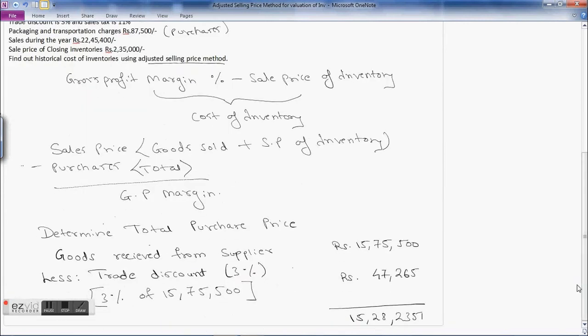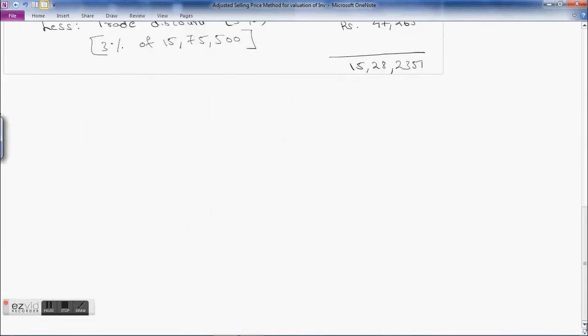Now sales tax. Sales tax is 11%, so we need to add sales tax. Sales tax will be 11% of your net purchase price, that is 11% of 15,28,235, your total purchase cost minus trade discount.